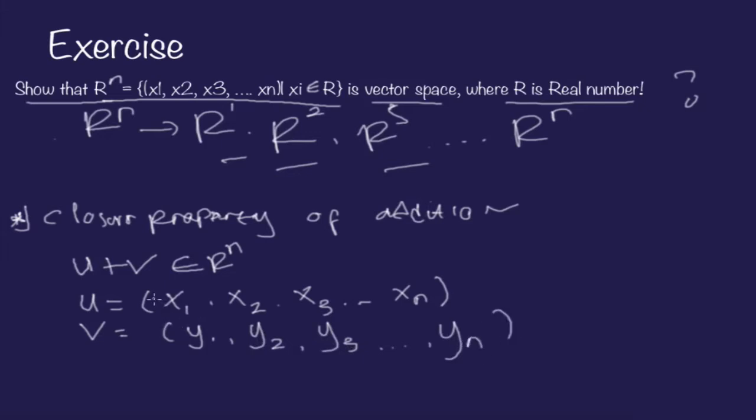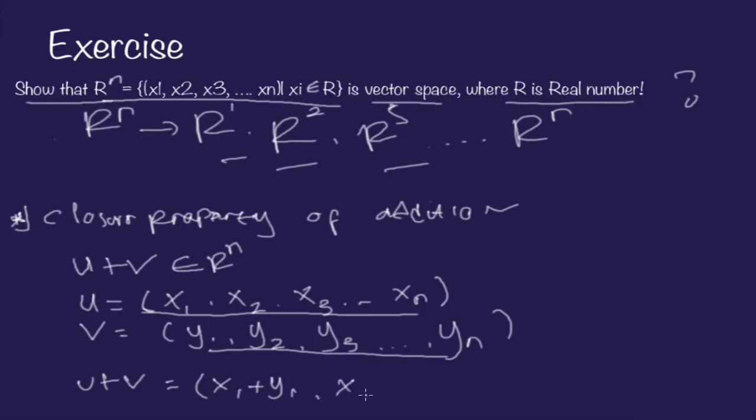After we have this, we input these variables into u plus v. We will get (x1 plus y1, x2 plus y2, x3 plus y3, up to xn plus yn).